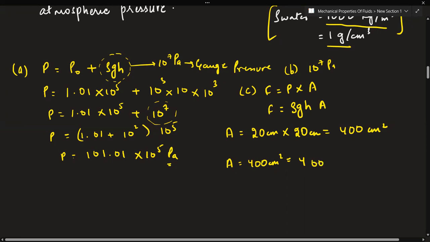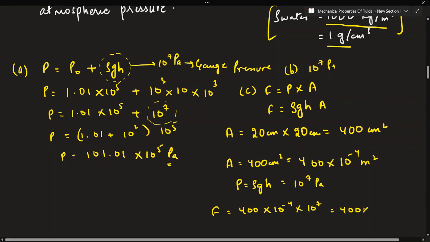So this would give you 400 into, replacing centimeter, 1 centimeter is 10 to the power minus 2, so centimeter square is 10 to the power minus 4 meter square. So this is the area and the pressure is rho g h, which is 10 to the power 7 pascals, already calculated. So the force would be simply the product of this pressure multiplied by this area. That would give you 400 into 10 to the power minus 4 multiplied with 10 to the power 7 pascals. So this would give you 400 into 10 to the power 3 newtons.